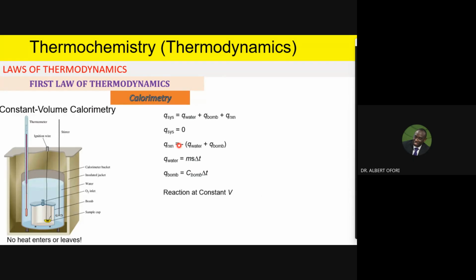Well, in such a reaction, what happens if the volume is constant? If the volume is constant, then this is what is going to be happening. The heat of the reaction will not be the same as the enthalpy change. Enthalpy change has to do with the enthalpy of the product minus the enthalpy of the reactant. That's what we mean by the enthalpy change.